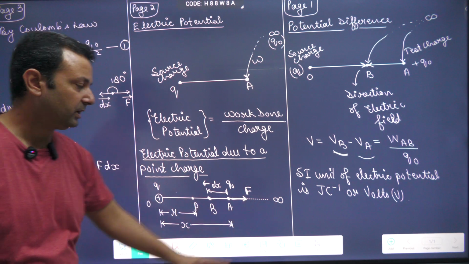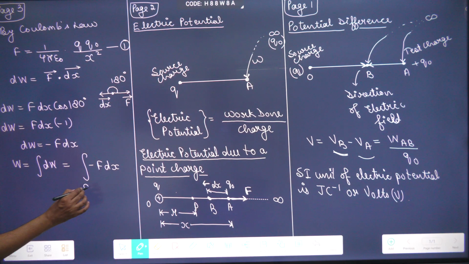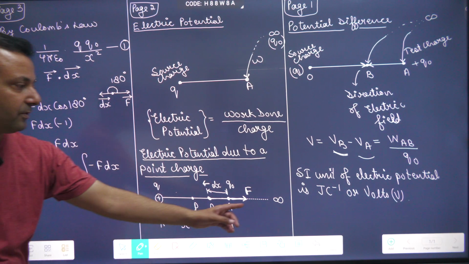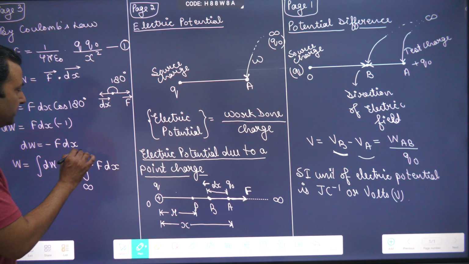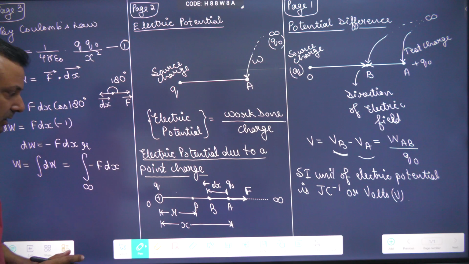Initial position will be infinity. And what will be the final position? I want to bring it to position R. So infinity to R. Is this clear to you?